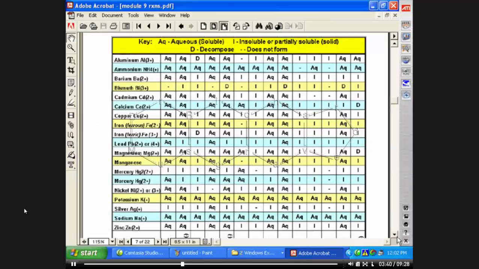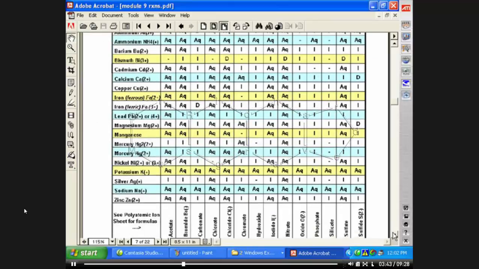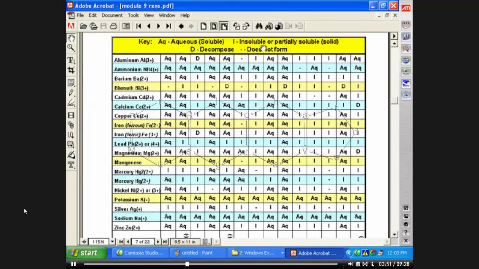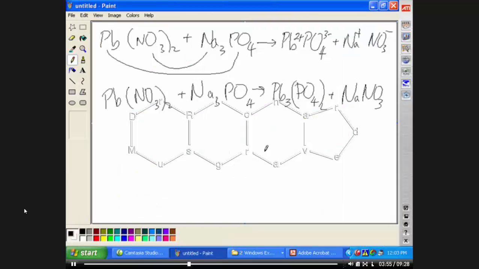Well, let's look at lead phosphate. Okay, so lead and then phosphate, that gives an I. That's insoluble according to the key here, so that's going to be a solid. So there we go, that's going to be S, and the rest of these are going to be AQs.